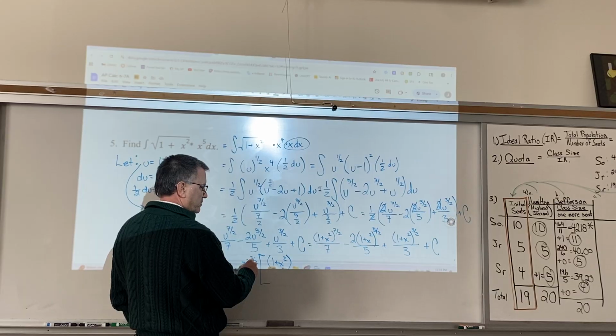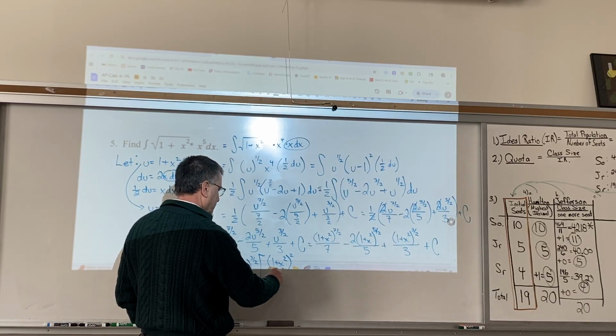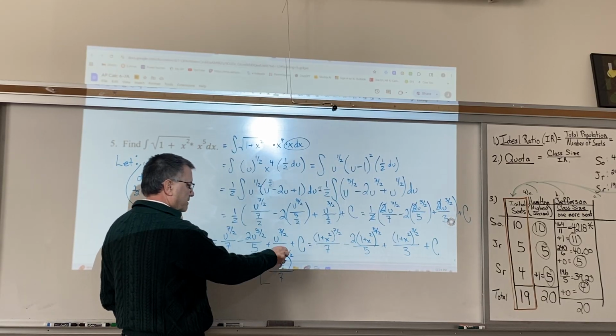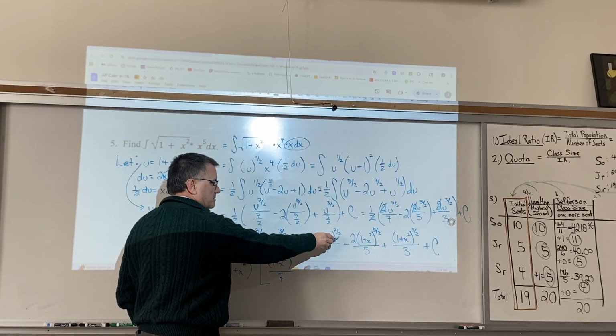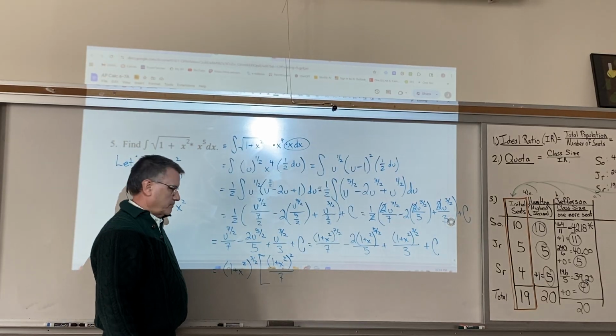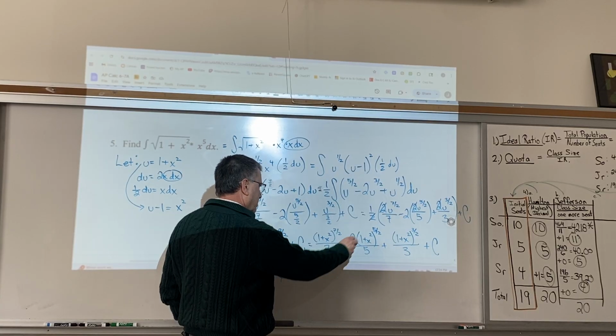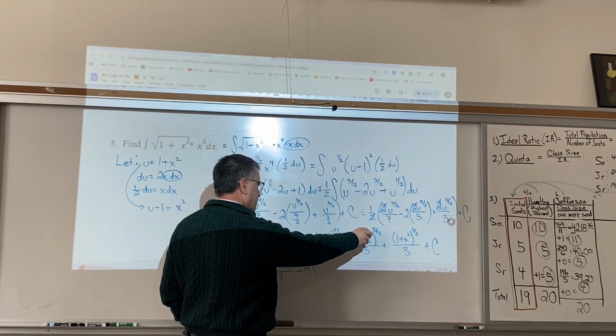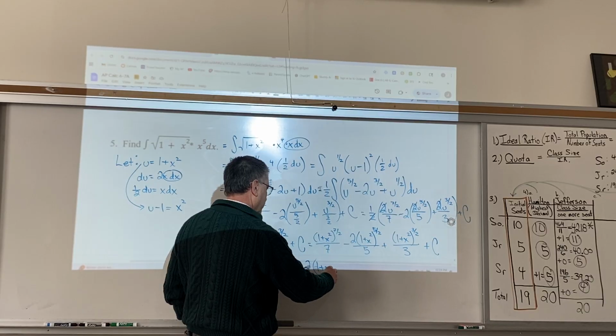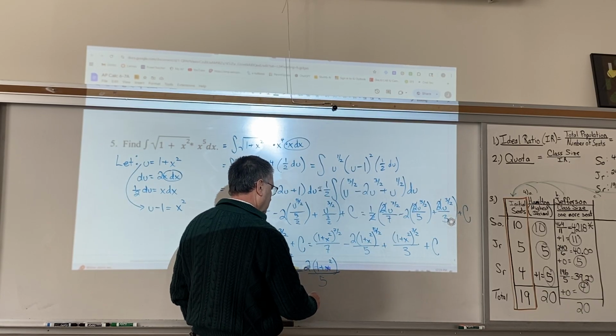And that would leave 1 plus x squared to the, let's see, we pulled out 3/2, 4/2 over 7. That'd be the 4/2, right? 4/2, I pulled 3/2 out. Minus 2, let's see. That would be 2 over 2, 1 plus x squared to the 1 power over 5.